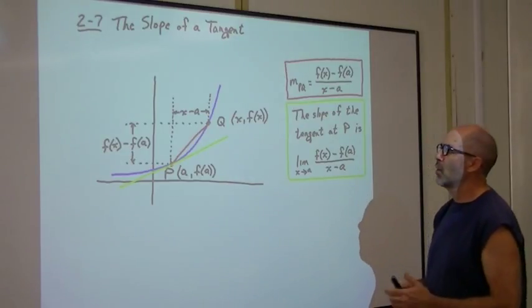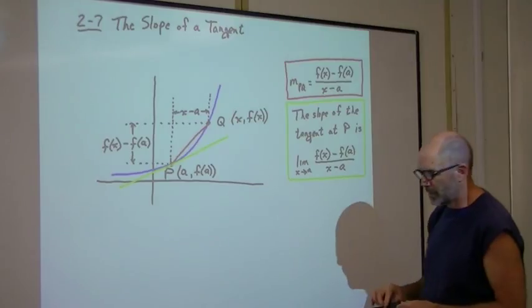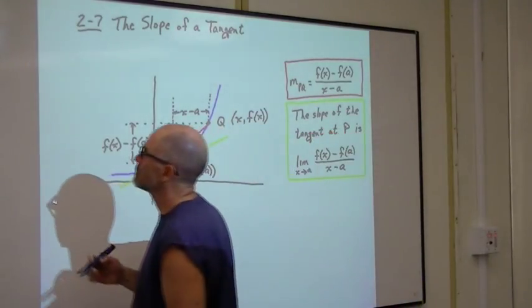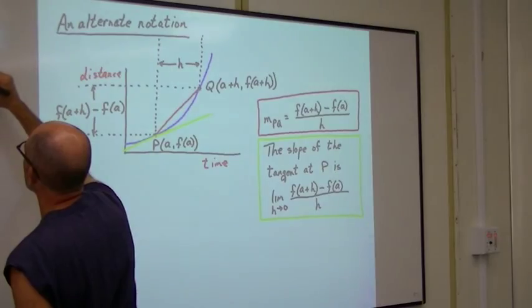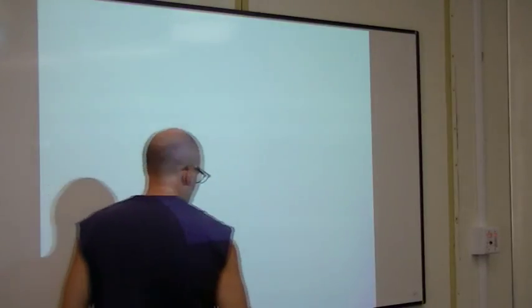Okay, so let's try some example problems. All right, take a look at example 1. Find the equation of the tangent line to the parabola y equals x squared at the point 1, 1.